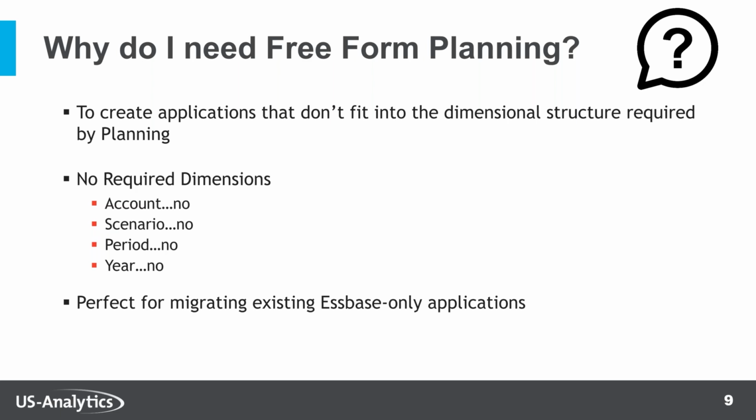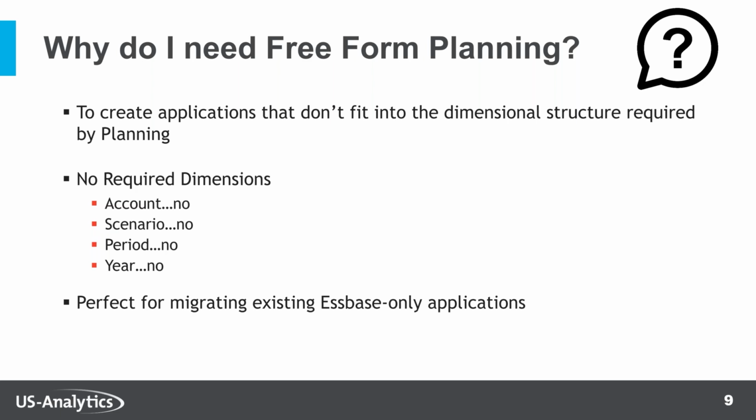OAC wasn't the answer, because for clients that have 32 processors and 32 cores and tons of memory, that was really expensive in OAC. And we had a lot of clients that just flat out said, no, we'll just run hybrid for now. We'll have on-prem Essbase, and then we'll have everything else in the cloud, and eventually we'll get there. So why else might I need freeform planning?